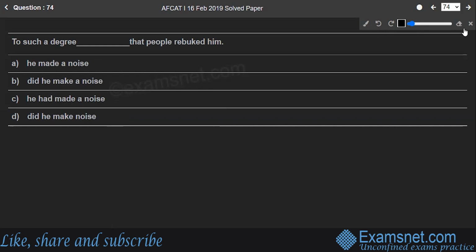See, whenever we have sentences that begin with to such a point or to such a degree, to such an extent, they take inversion form. That is, to such a degree plus the auxiliary plus subject plus the main verb. So over here, we'll have to such a degree, did he make a noise?